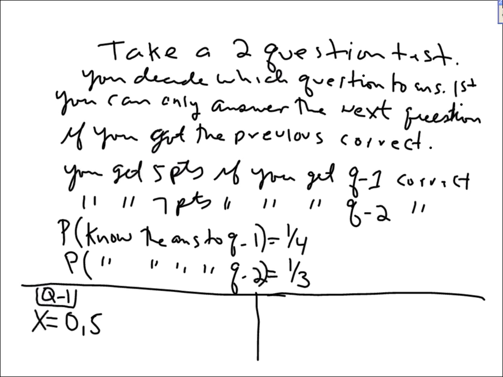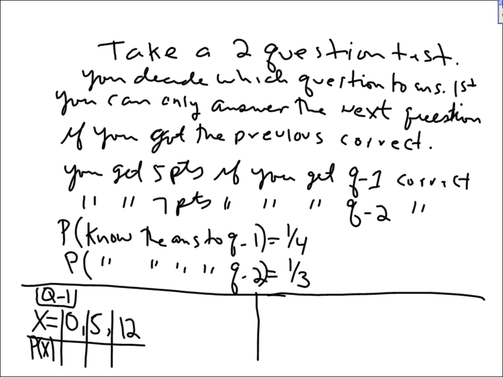But when you go on to question 2, you get it wrong. So you only get 5 points. The other thing is, you can get question 1 right and question 2 right for a total of 12 points. Now, what are the corresponding probabilities?